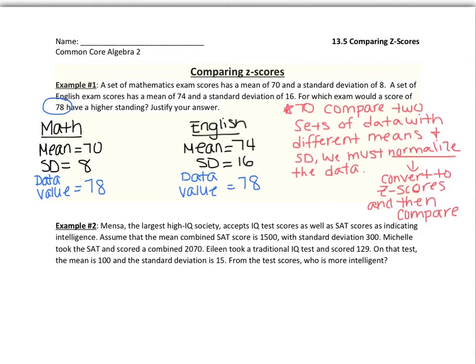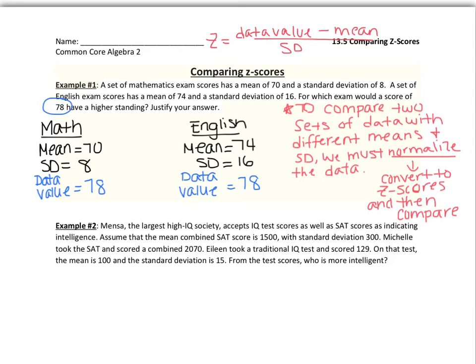And we're going to use these three pieces of information in the math and these three pieces of information for the English, and we're going to convert this data value to a corresponding z-score. So just to refresh our memory, a z-score can be found by taking the data value, subtracting the mean, and dividing by the standard deviation.